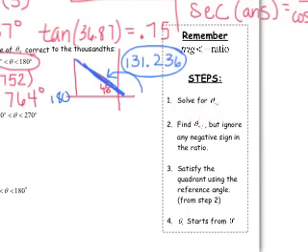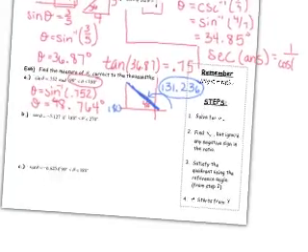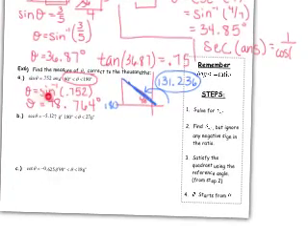So we solved for theta ref in this step, and we got 48.764. But it says find theta ref but ignore any negative sign. I didn't have to do that step because my ratio was already positive, but if this ratio had been negative, I would have ignored that and still gotten this answer. And then you satisfy the quadrant.